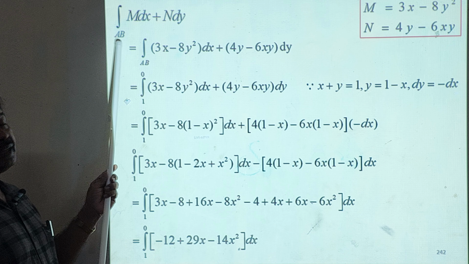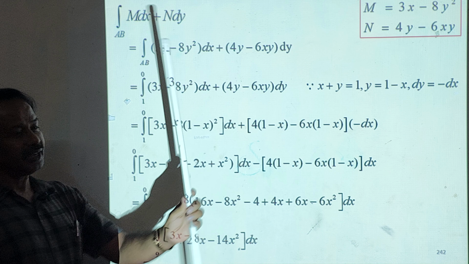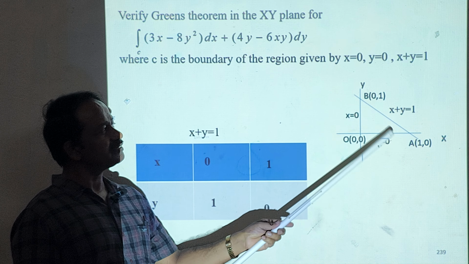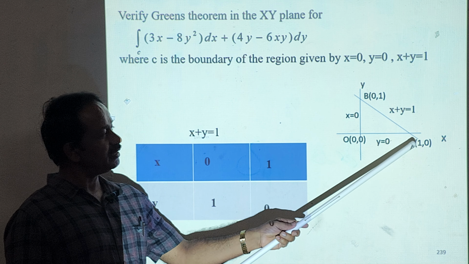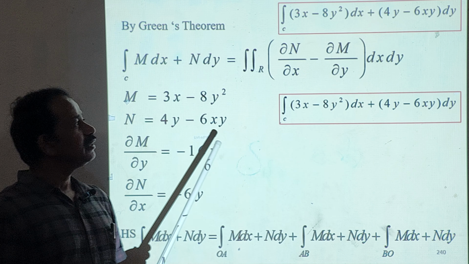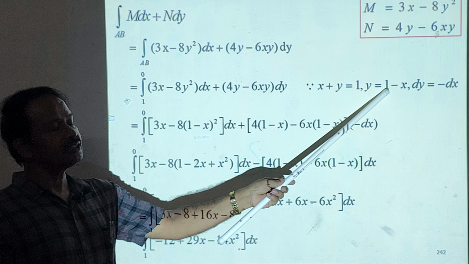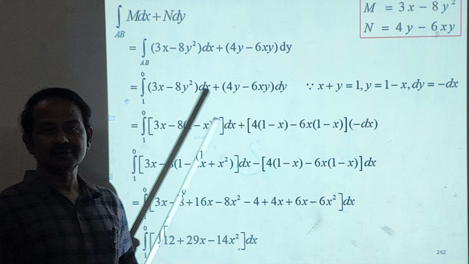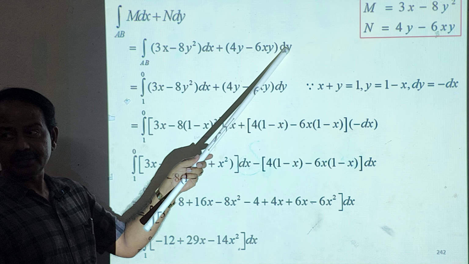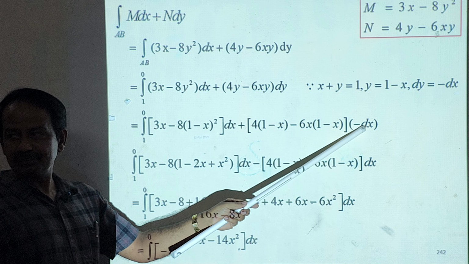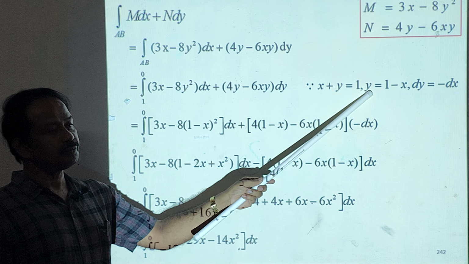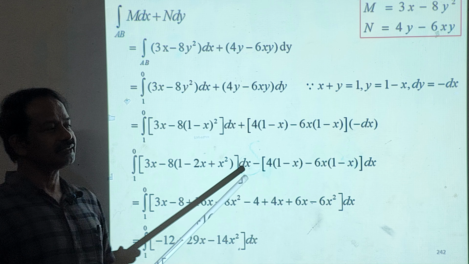So next integral will be AB. AB, the line, the equation is x plus y equals 1. See here, AB, x plus y equals 1. So y equals 1 minus x. So dy equal to minus dx. So instead of dy, you have to substitute minus dx. Similarly, instead of y, you have to substitute 1 minus x.